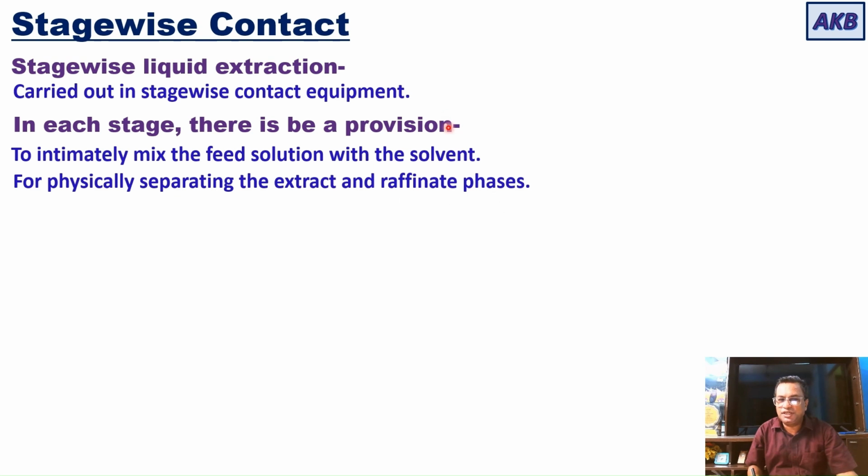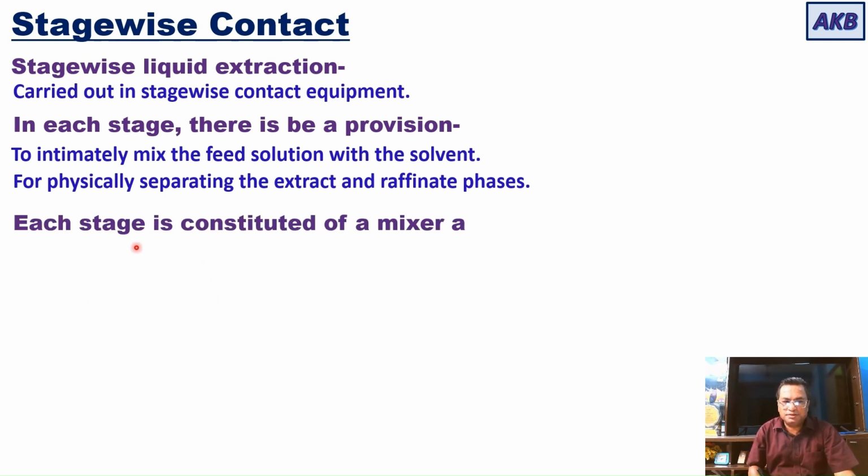So each stage in the stage-wise contact equipment should have provision for intimately mixing the two phases and, after the mixture separates into two phases, extract and raffinate phases, physically separating those two phases.